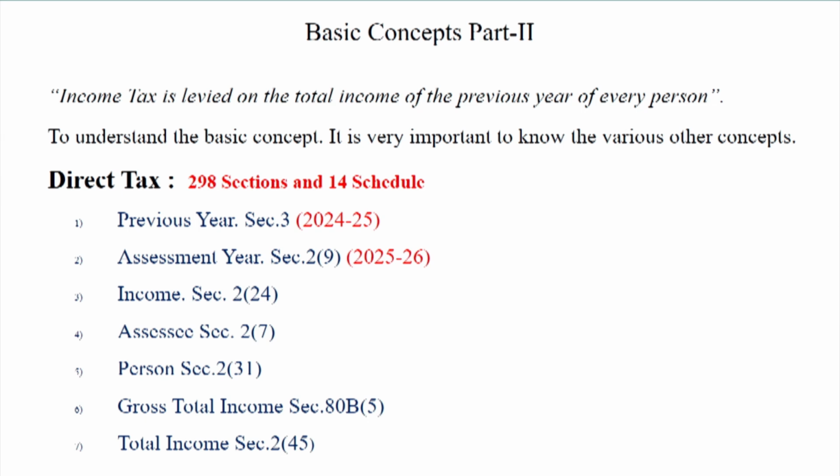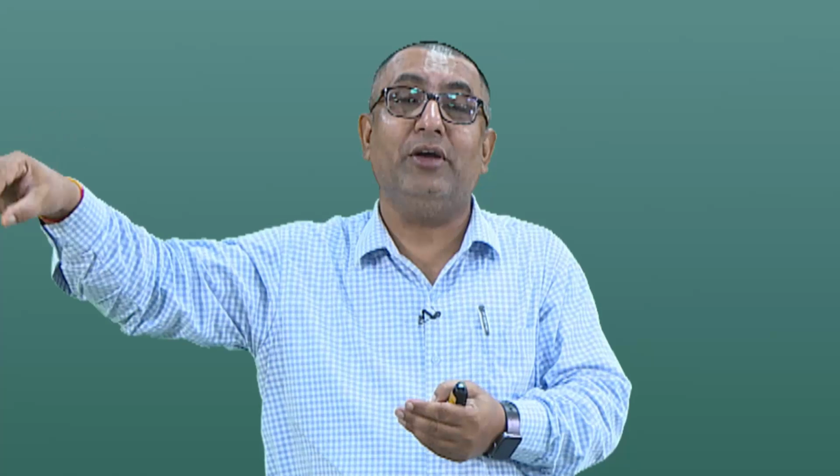If the previous year is 2024-25, the assessment year is 2025-26. The year in which we pay tax is called the assessment year, and the year in which we earn income is called the previous year.